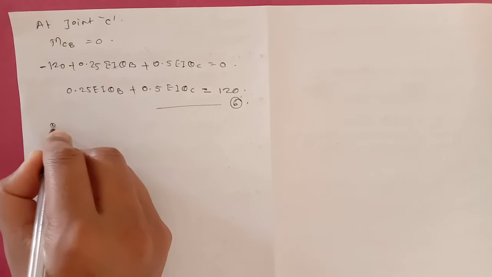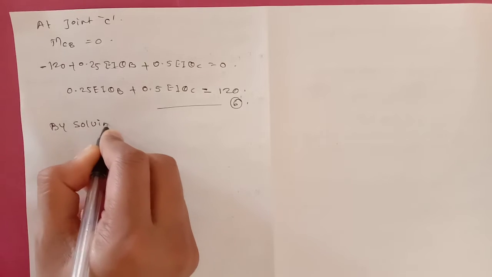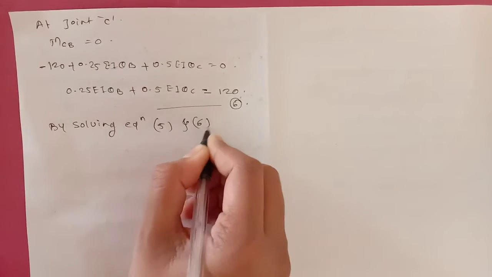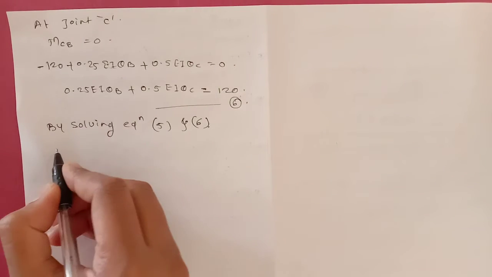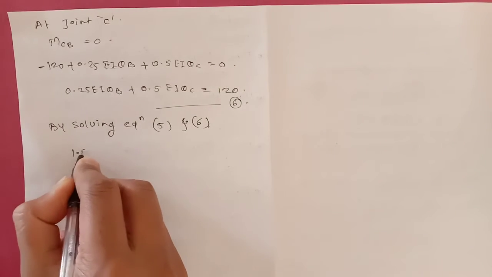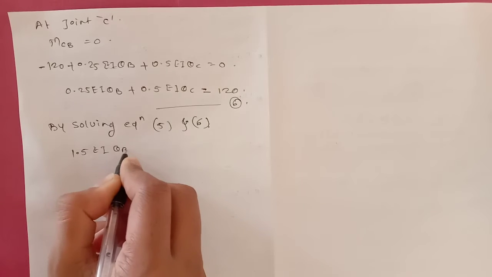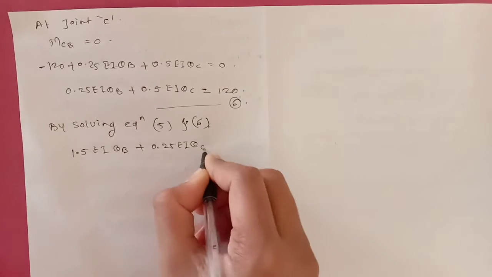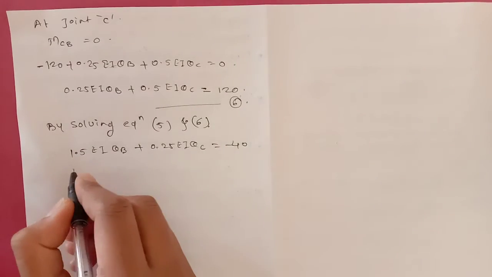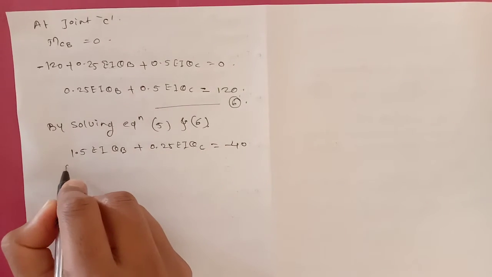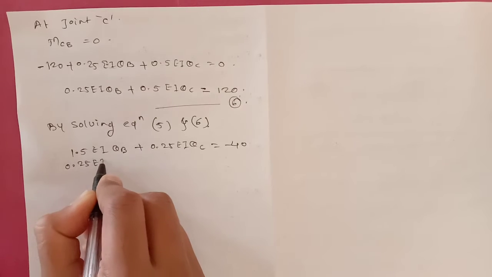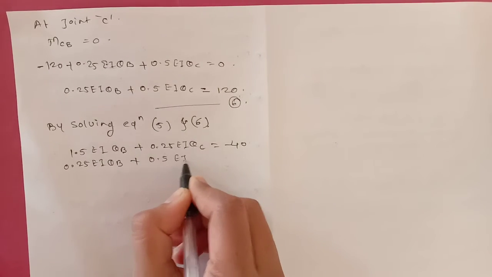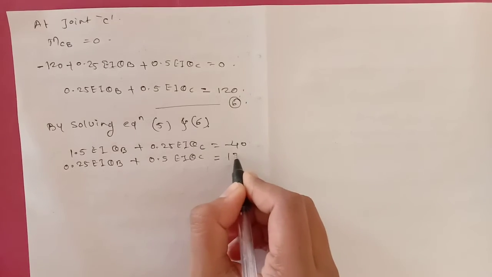Okay, so the fifth equation is 1.5 EI theta B plus 0.5 EI theta C is equal to minus 40, and the sixth equation is 0.25 EI theta B plus 0.5 EI theta C is equal to 120.